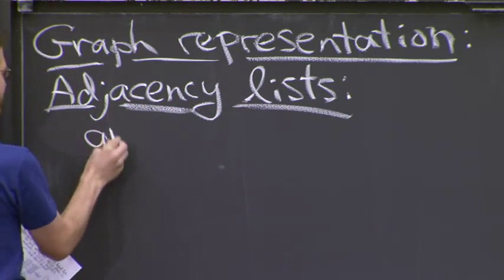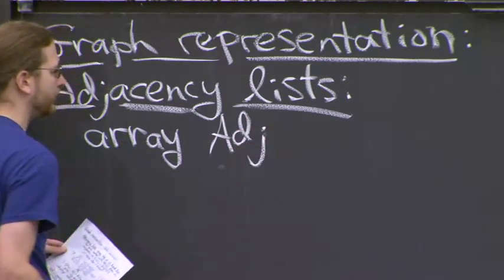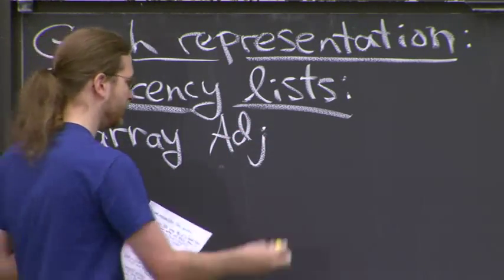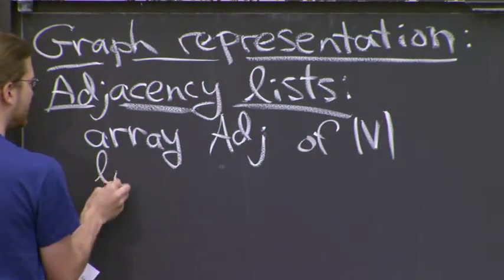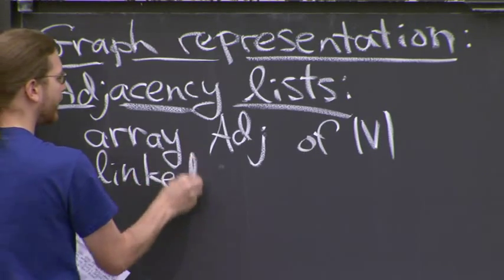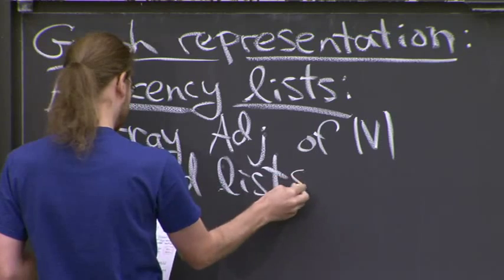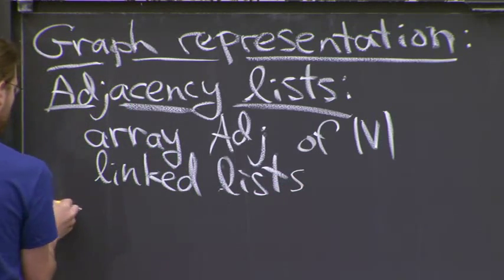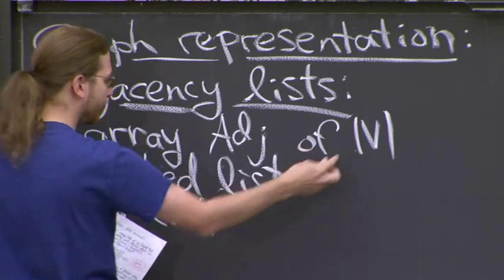So the idea with an adjacency list is you have an array called ADJ for adjacency of size v. Each element in the array is a pointer to a linked list.